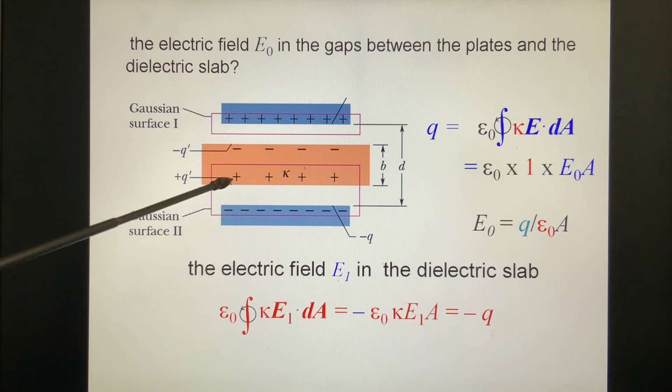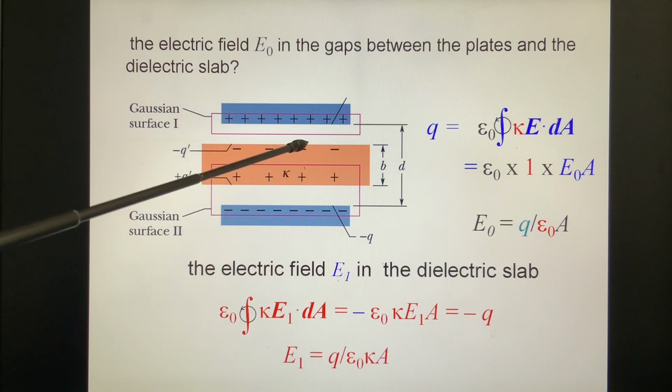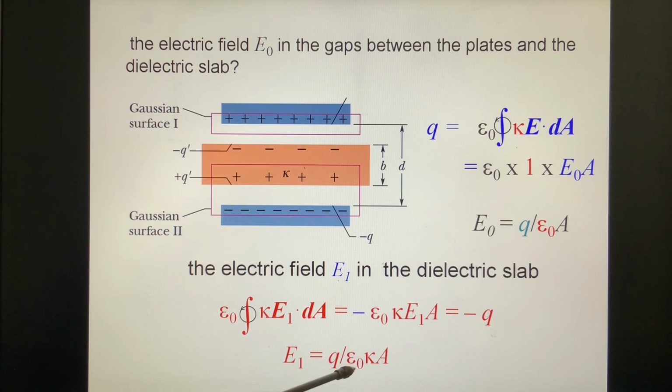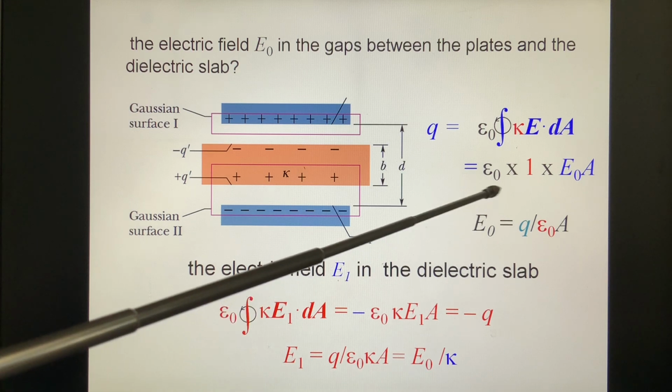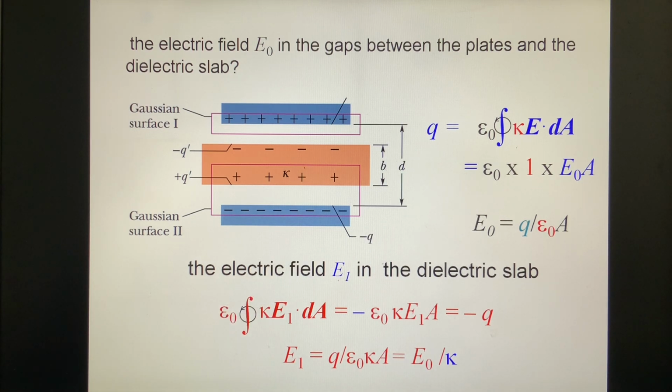Then we find E1 inside is Q over epsilon 0 kappa A, equal to E0 over kappa. This is what we learned in class.